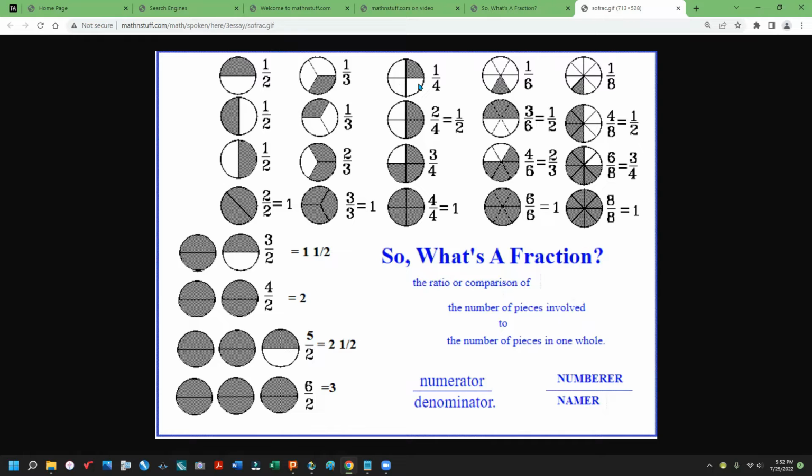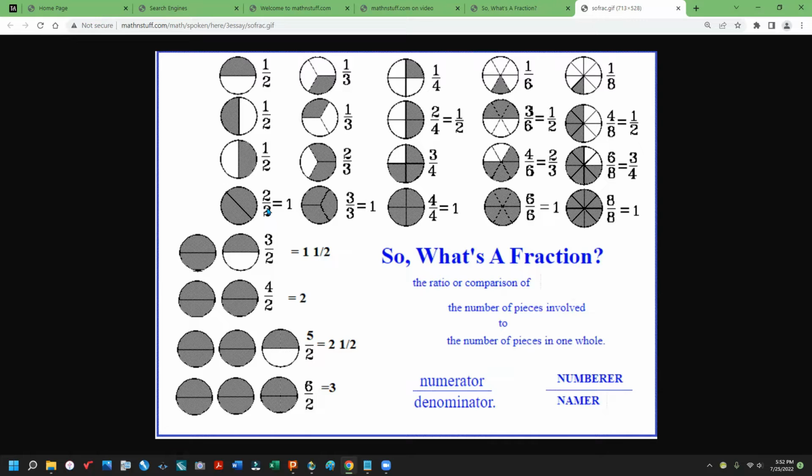It's divided into 4 pieces. So there's a 4 on the bottom. 4 is the number of pieces in one whole. Only one of the pieces has been colored, so it's 1/4. This is 2/4, 3/4, 4/4, and so on.